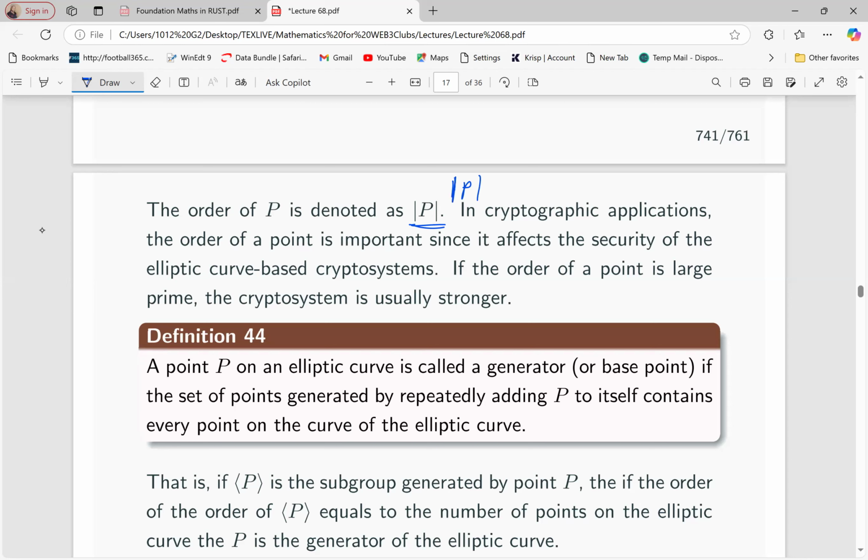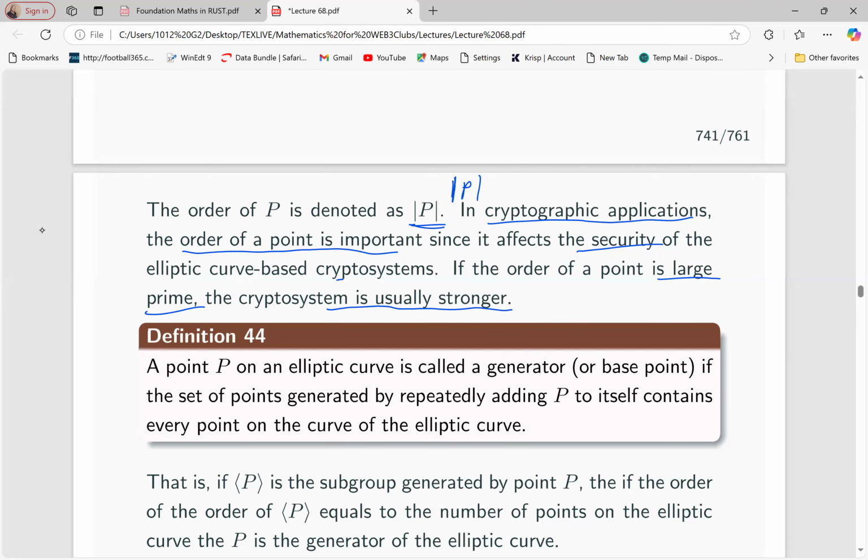Why is the knowledge of order important in cryptography? It will affect the security of the elliptic curve based crypto systems. If the order of a point is a large prime, then the crypto system becomes secure.